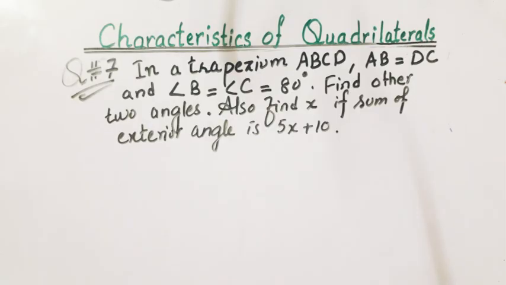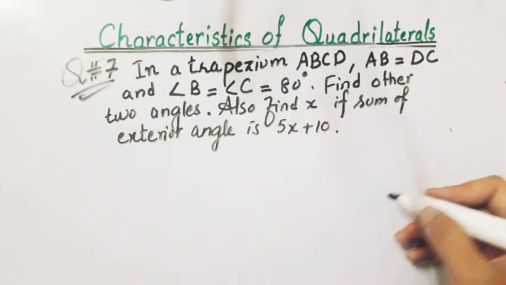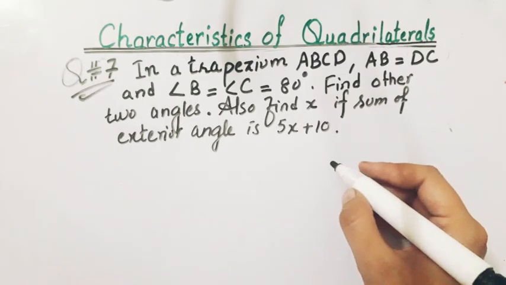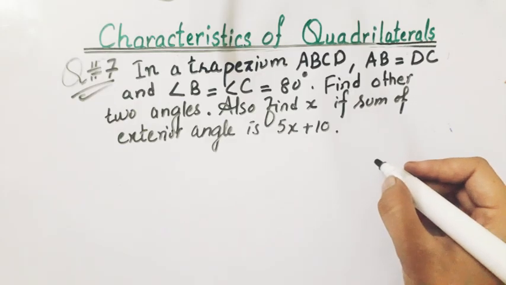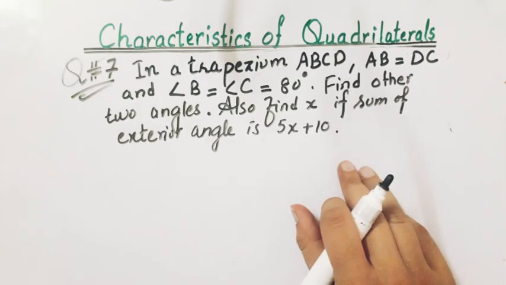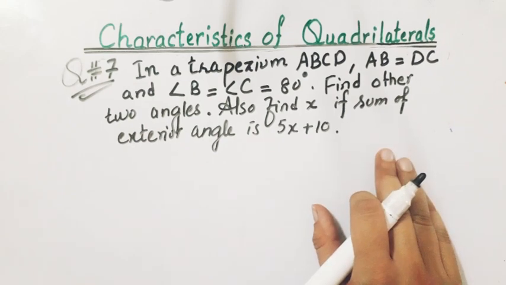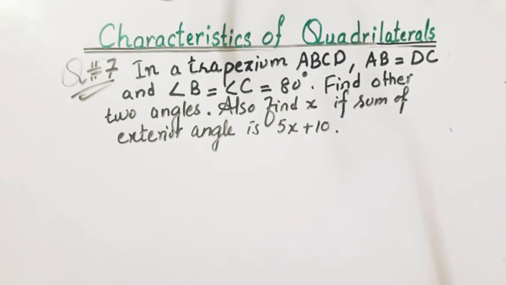So first of all, students, consider this point: what is a trapezium? A trapezium is a shape, the same as a quadrilateral, in which one pair of opposite sides is parallel and no angles, no diagonals are congruent. I will draw a trapezium shape here.